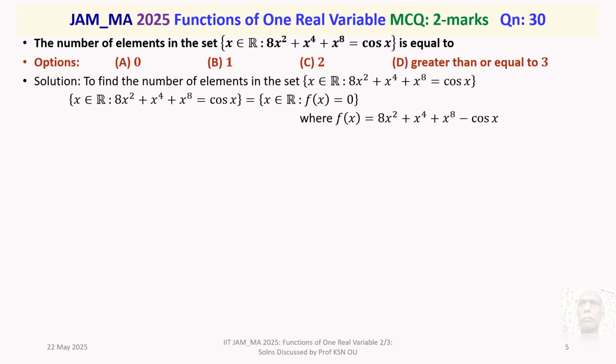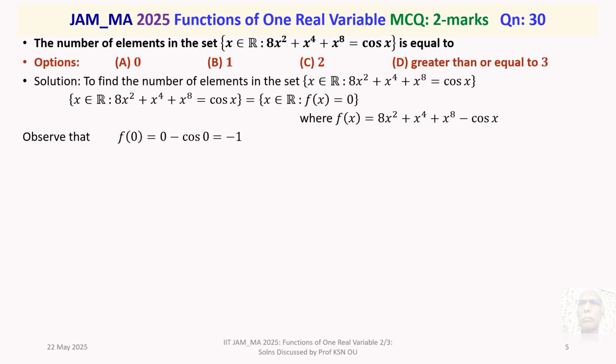That means we want to find the roots of the equation f of x is equal to 0. Observe that f of 0 is 0 minus cos 0, and cos 0 is 1, so f of 0 is minus 1.